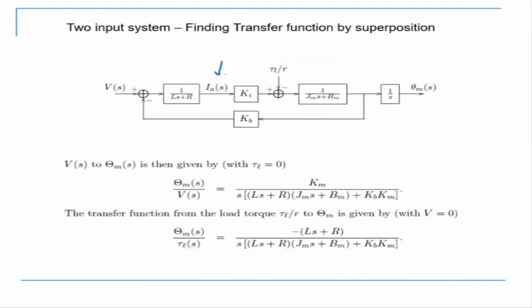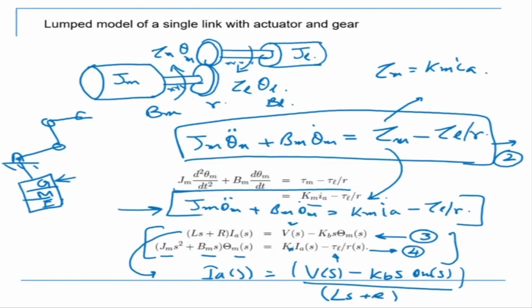If you look at the control system, Vb is coming from here. In this, it is Vs minus Kb into S theta ms, which is coming from there.